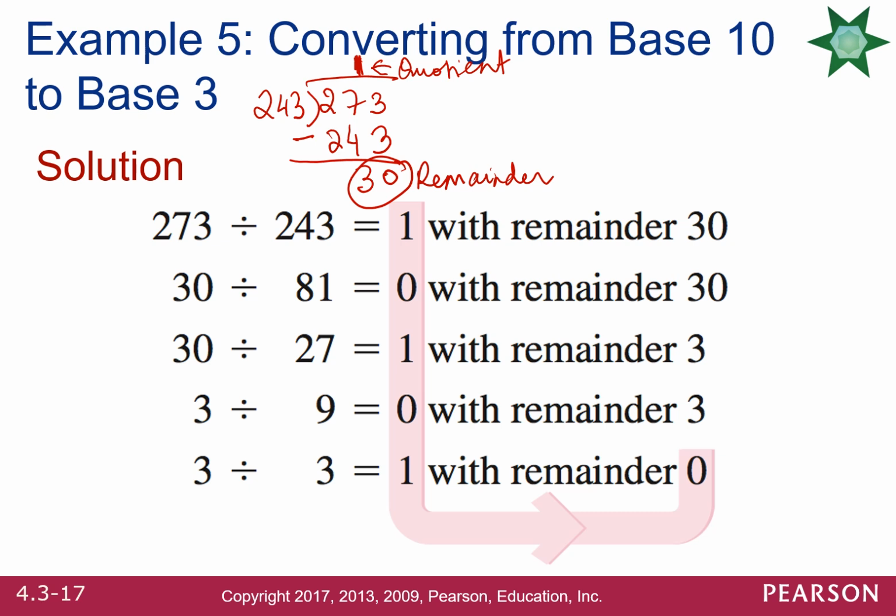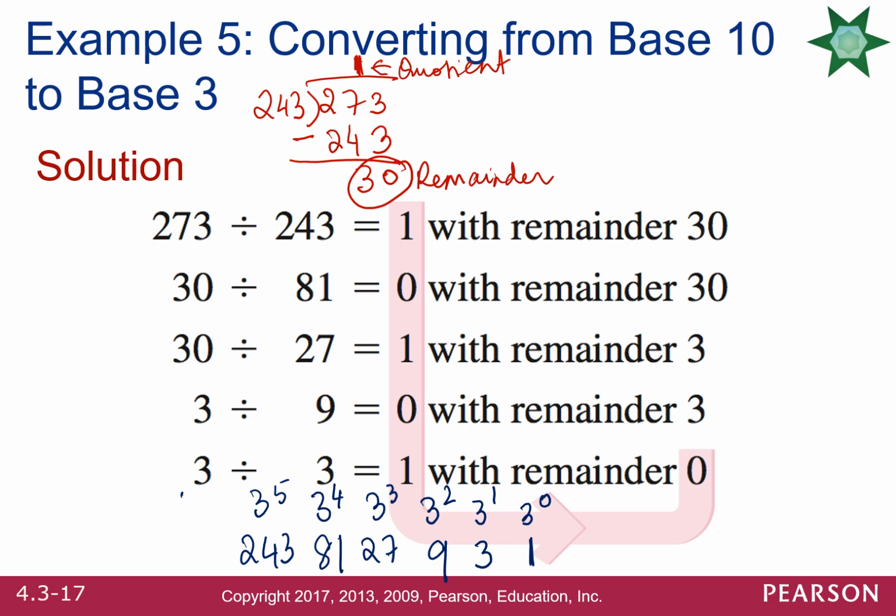All right, so 3 to the power 0 is 1, then 3 to the power 1 is a 3, 3 squared is how much is it? 9, 3 cubed 27, 3 to the power 4 is 81, 3 to the power 5 was 243, and we don't need the 3 to the power 6 because it's greater than 273. All right, so 1, 3, 9, 27, 81.